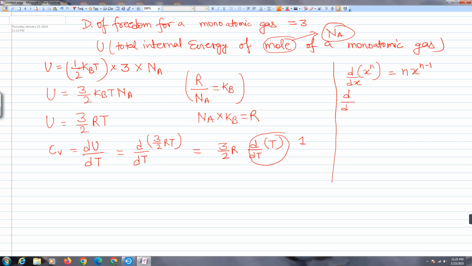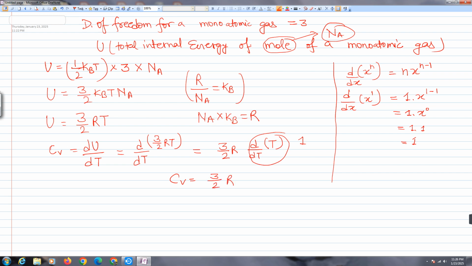So if we write x raised to the power 1, it can be written as 1 into x raised to the power 1 minus 1. So 1 multiplied by x raised to the power 0, 1 multiplied by 1, and the final answer is 1. So in this way we can find the value of Cv.